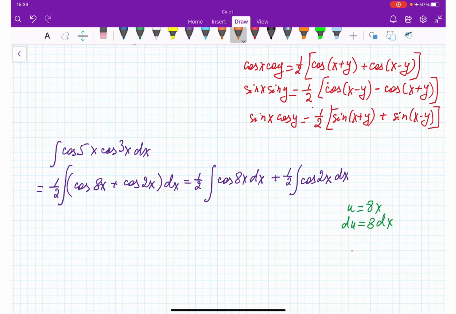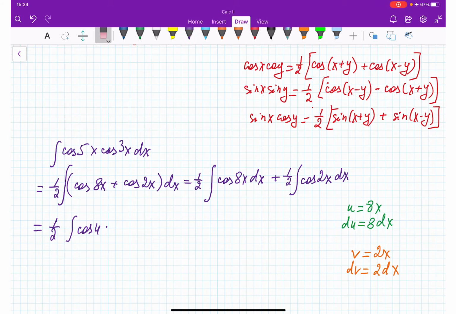So I substitute v is equal to 2x and dv is equal to 2 dx. Okay, so from here, what do we have? We have 1/2 integral cosine u times, we need 8 dx, right?